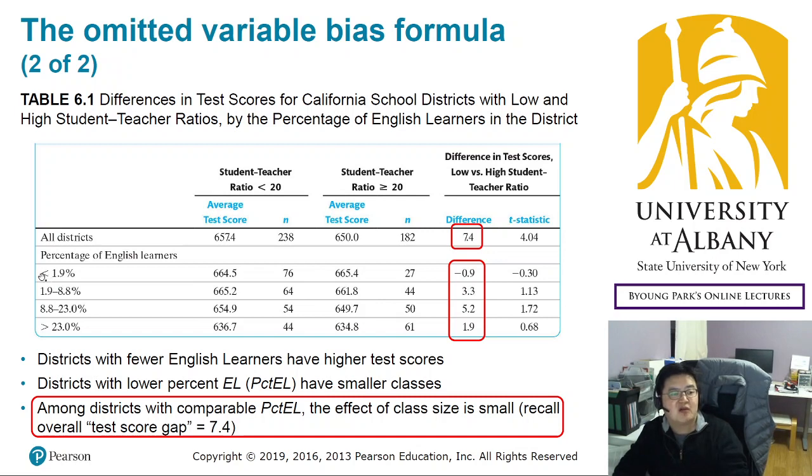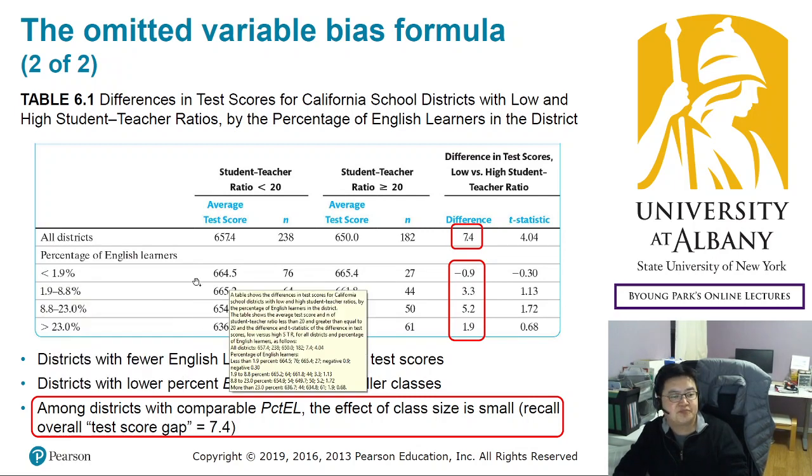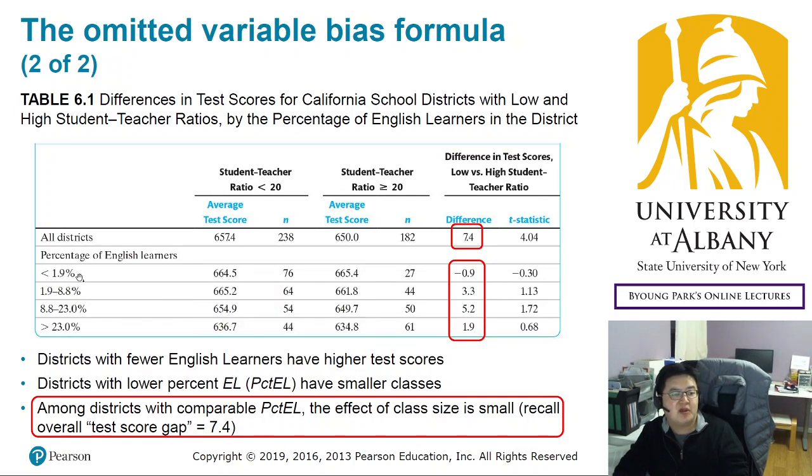So for example, we are comparing less than 1.9% in this comparison, but in this comparison, you are comparing this to all of these groups. So all the four groups are compared to each of the other four groups. So it's not one to one.